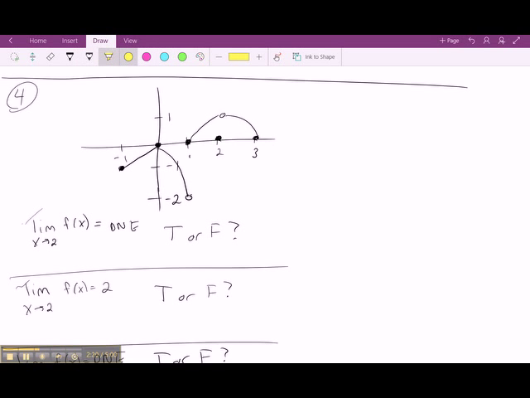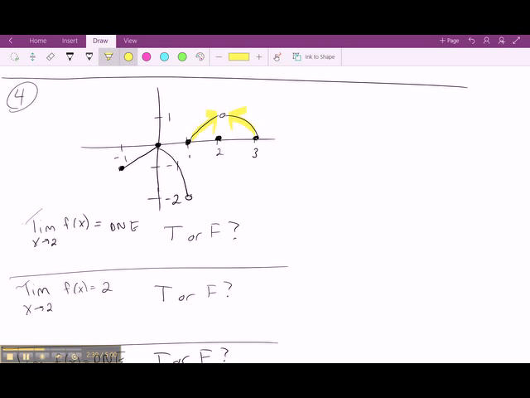If we look at what happens as we're approaching 2, from the left, we're moving along this path. From the right, we're moving along that path. And like I said before, it doesn't matter what actually happens at 2.